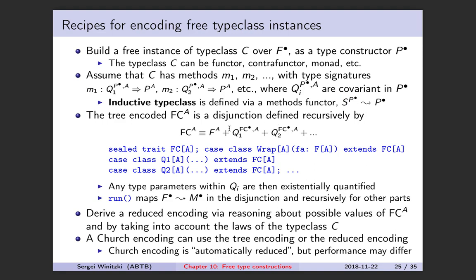So once we do that, we define a tree encoding, which would look like this. It will be recursive because these Q's will have FC inside them, perhaps. But that's fine.